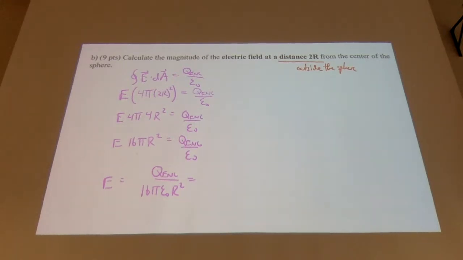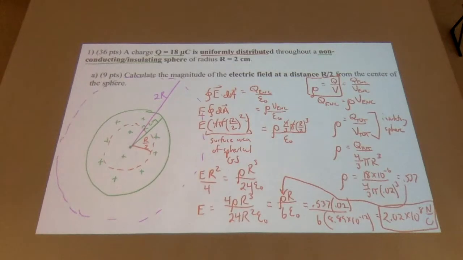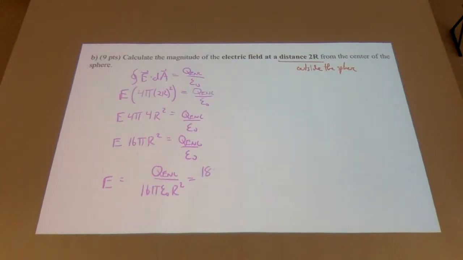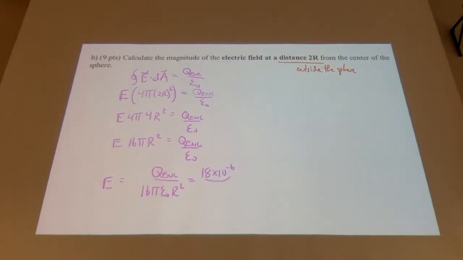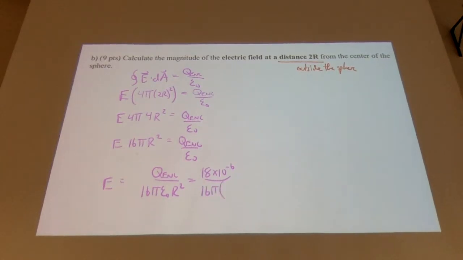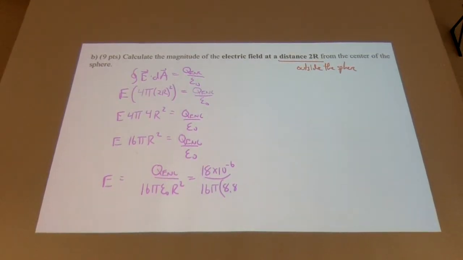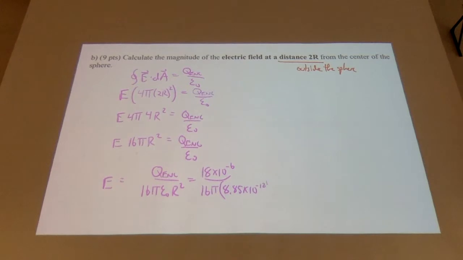So how much Q was there? 18 microcoulombs. And I've got 16 pi. Epsilon naught is 8.85 times 10 to the minus 12. And r is just r, which is 0.02. It's the radius of the thing at the beginning.